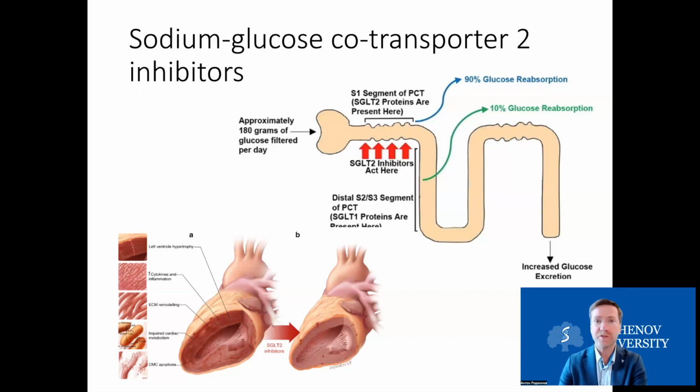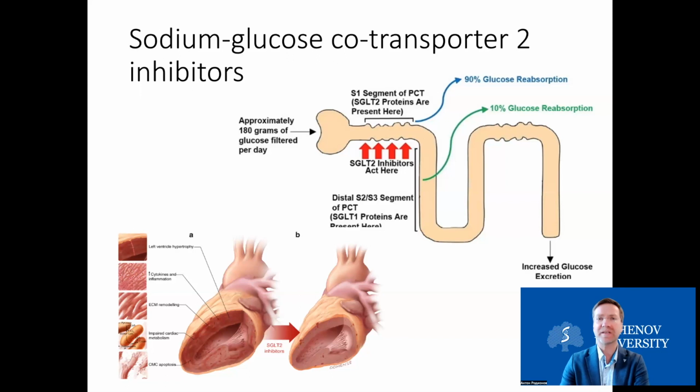But during investigation of SGLT2 inhibitors, it was found that the best prognosis was in patients with heart failure, diabetes and heart failure again.